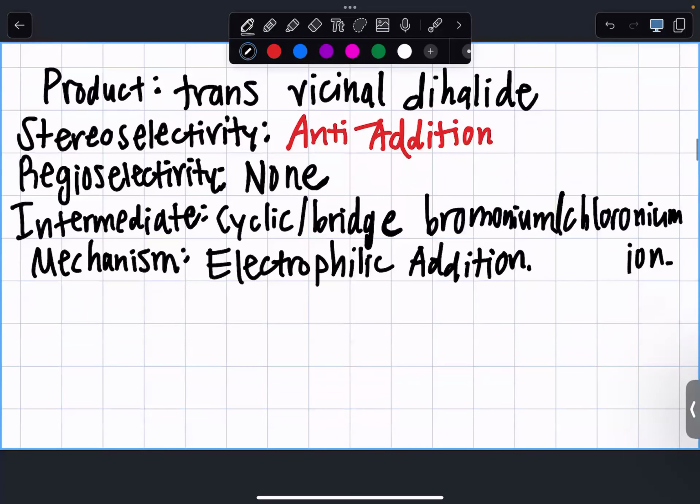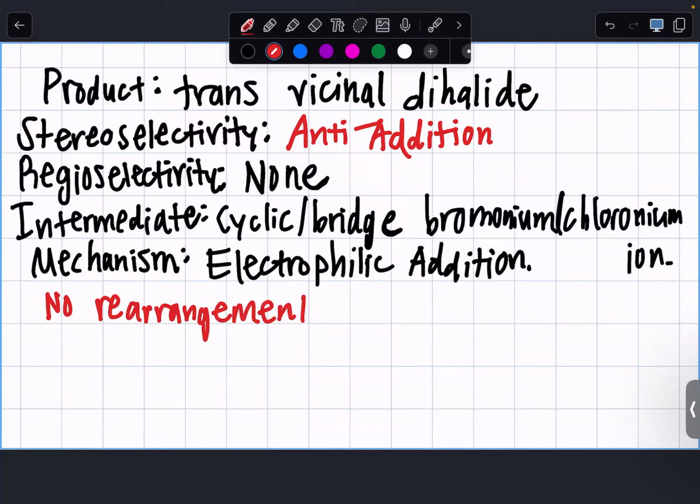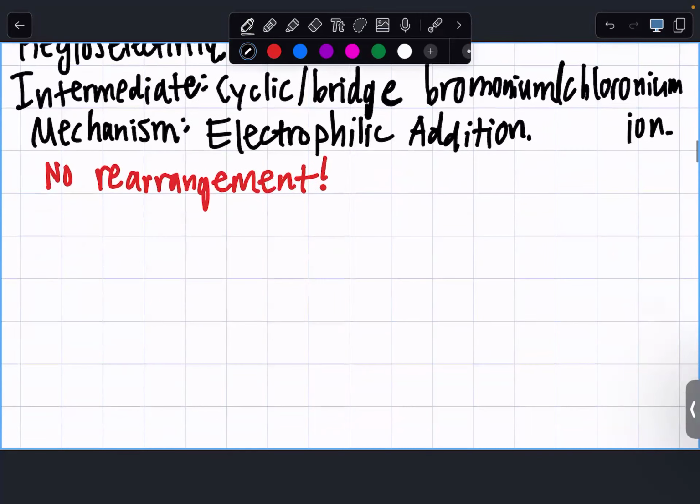And in this case, since we do not have a carbocation intermediate, we are going to have no rearrangements, no carbocation shifts like hydride shift or methyl shift. We only get rearrangements whenever we have a carbocation intermediate. In this mechanism, there are no carbocation intermediates formed. Right. So let's go over the mechanism now.